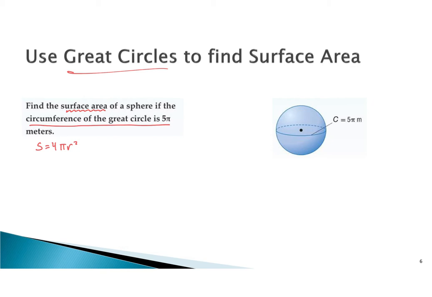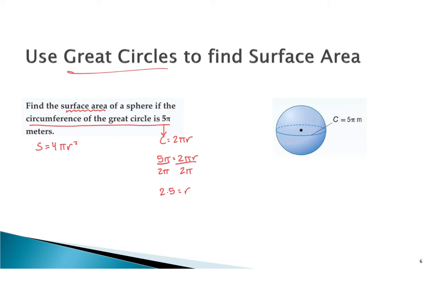So here I go. I've got the circumference, which is equal to 2 pi r, and I'm going to plug 5 pi in to my equation. 5 pi is equal to 2 pi r. When you divide 2 pi from both sides, you get 2.5 as your radius. And you can use decimals here because decimals are easier for the calculator.